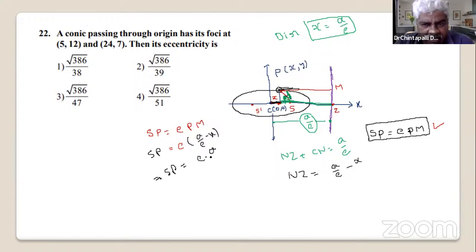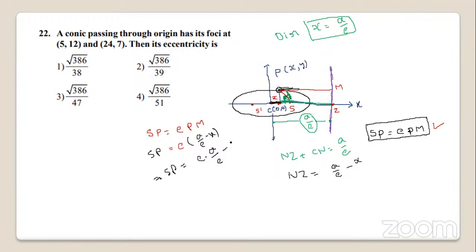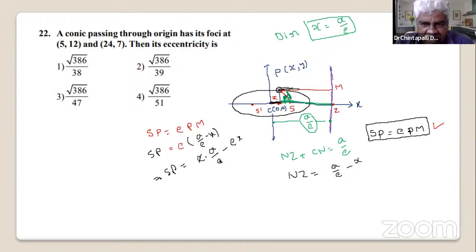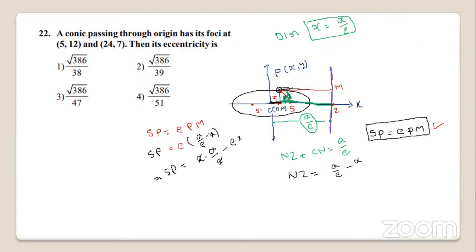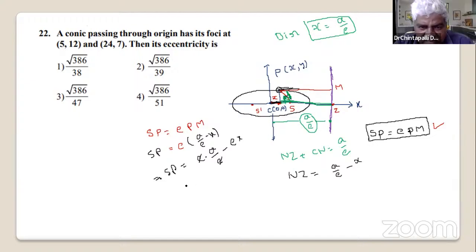E into A by E minus EX. E cancels, right? Now if you take S, we got the result SP is equal to A minus EX.